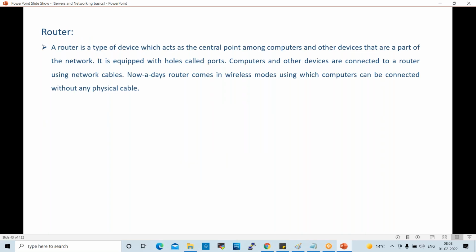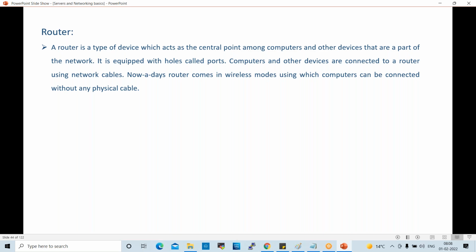Routers. A router is a type of device which acts as the central point among computers and other devices that are part of the network. It is equipped with holes called ports. Computers and other devices are connected to a router using network cables.